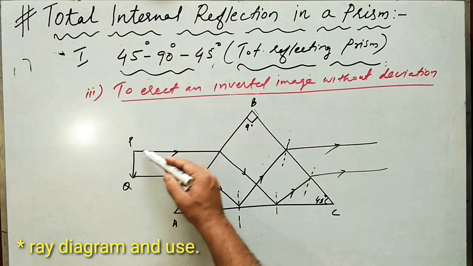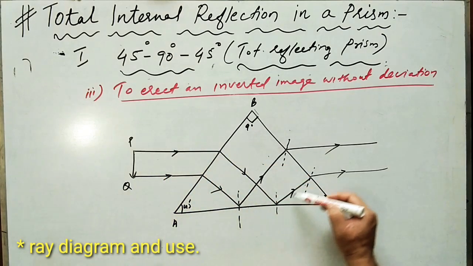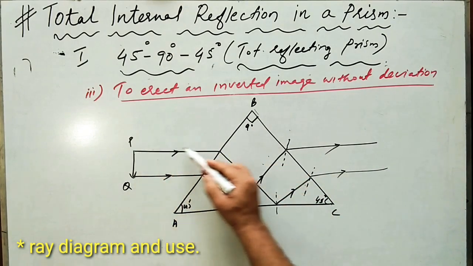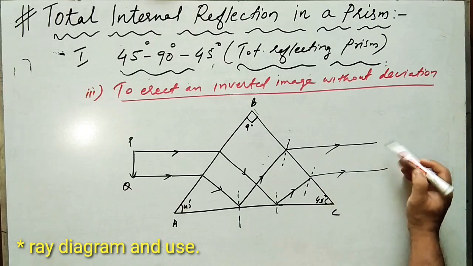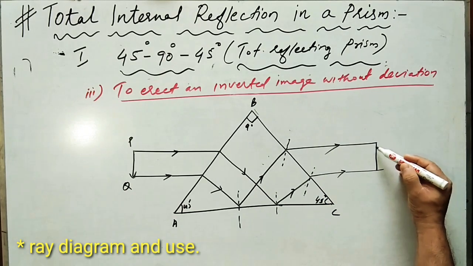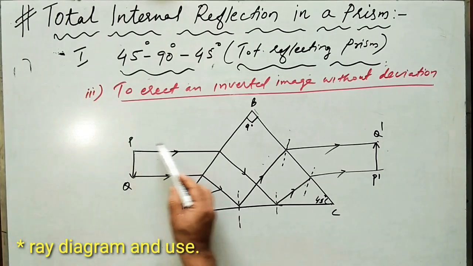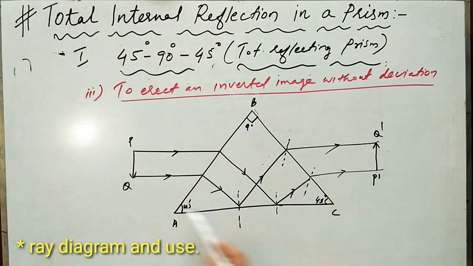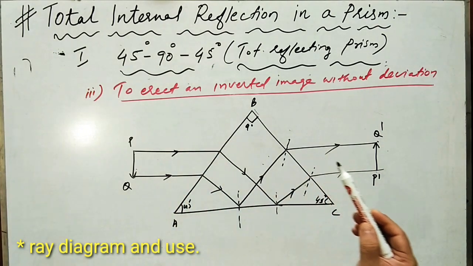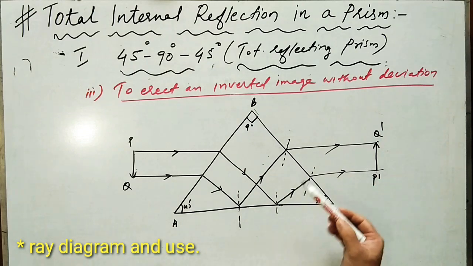Alright, and you can see the image, this is the image of P, and I can write P dash Q dash. So this is P dash and this is Q dash. You can see that an inverted image is being erected without any deviation.